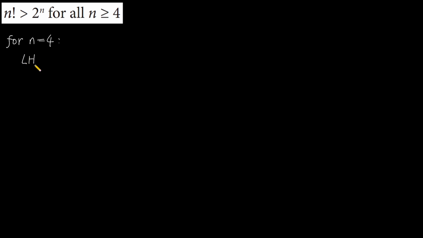the left hand side equals 4 factorial, which equals 4 multiplied by 3 multiplied by 2 multiplied by 1, equals 24. And the right hand side equals 2 to the power of 4, which equals 16.